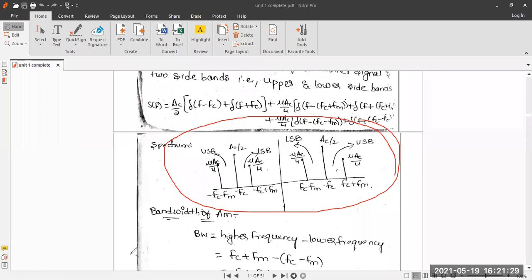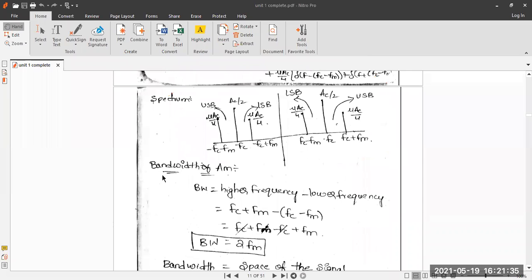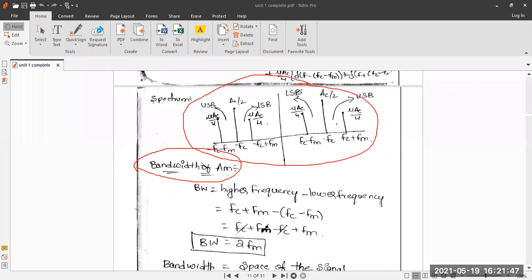If you observe this spectrum, now we have to derive some parameters of the AM signal. We have to calculate the bandwidth of AM. We have to derive the bandwidth of this signal.